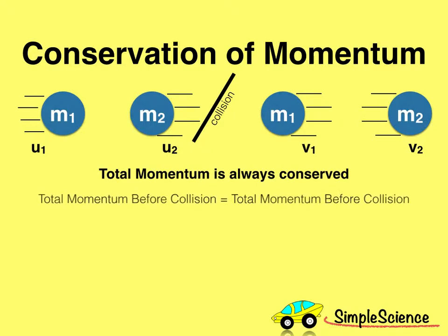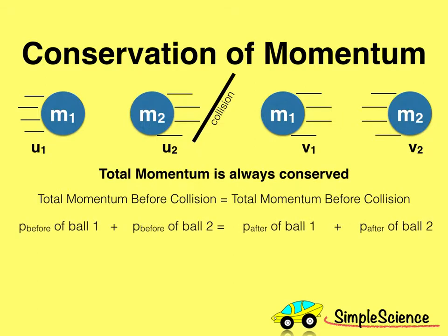as I said. So that means the sum of the momentum of the first particle and the momentum of the second particle is always the same before and after collision. Okay? The momentum of the first particle is m1u1, and the momentum of the second particle we call m2u2, right?